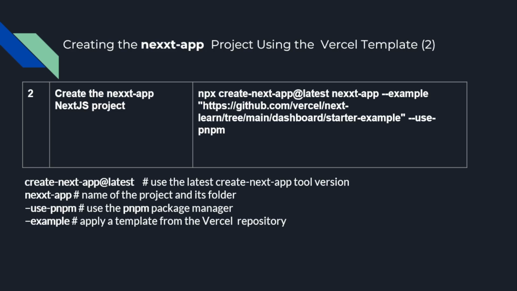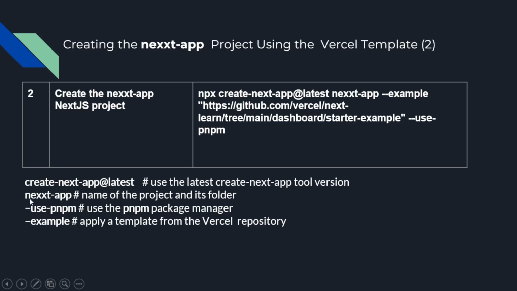Then the next step, we are creating the next app using this pnpm. And the command looks pretty much the same as before. So we use the latest create next application tool version.